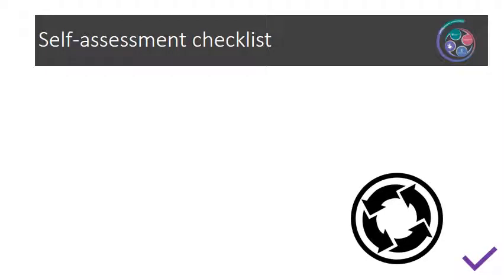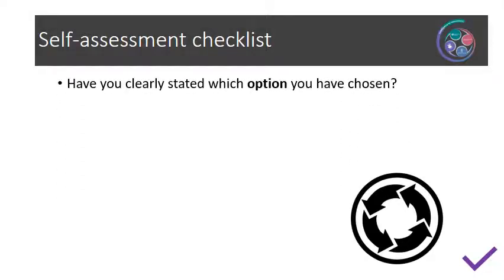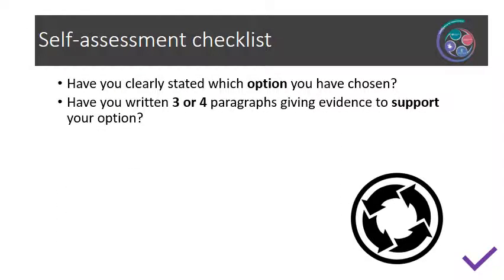Again, I have created a self-assessment checklist, ultimately questions to get you to think about whether or not you have completed options questions in the correct structure. Ask yourself, have you clearly stated which option you have chosen? Have you written between 3 and 4 paragraphs giving evidence to support your option, whether it's option 1 or option 2? Have you synthesized evidence?